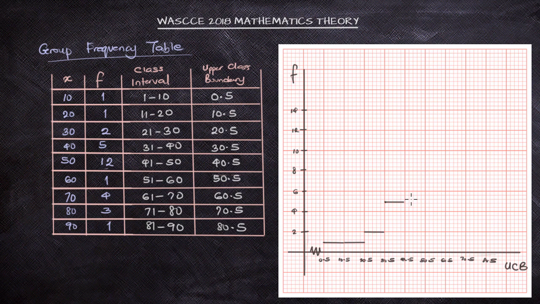It is 12 when I'm going to 50.5. So we'll go to 12 on the scale. Then it is 1 when I'm going to 50.5. It is 4 between 60.5 and 70.5. It is 3 between 70.5 and 80.5.